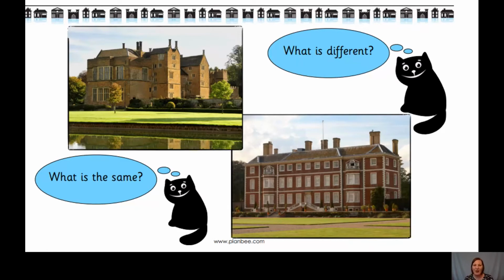They're very angular in the way that they're coming out of the roof. The roof is also a little bit different too, isn't it? What I notice that's the same though, they're both detached houses and they both have lots of windows, which we talked about earlier. Excellent. Let's move on to another one.